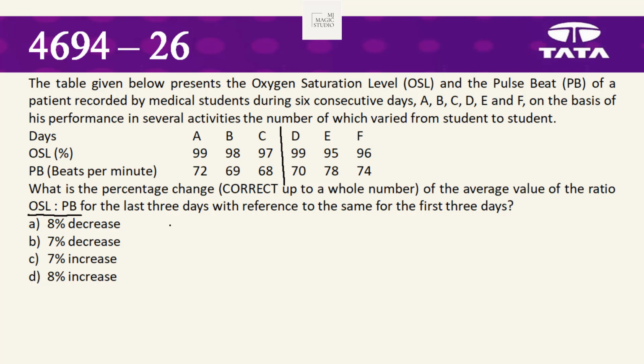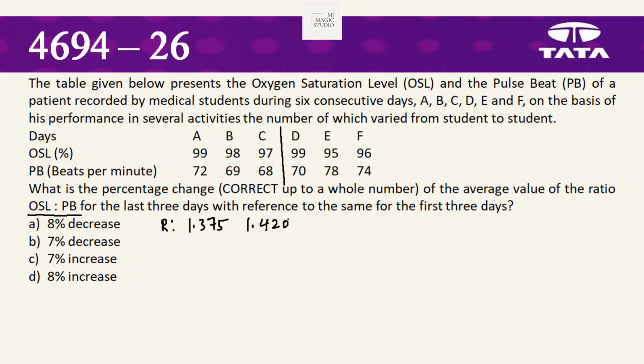We need to find the ratios for all the 6 days. So let us calculate the ratio. You can open up your calculator and find it. It is OSL divided by PV. 99 divided by 72, 1.375. 98 divided by 69, 1.420.